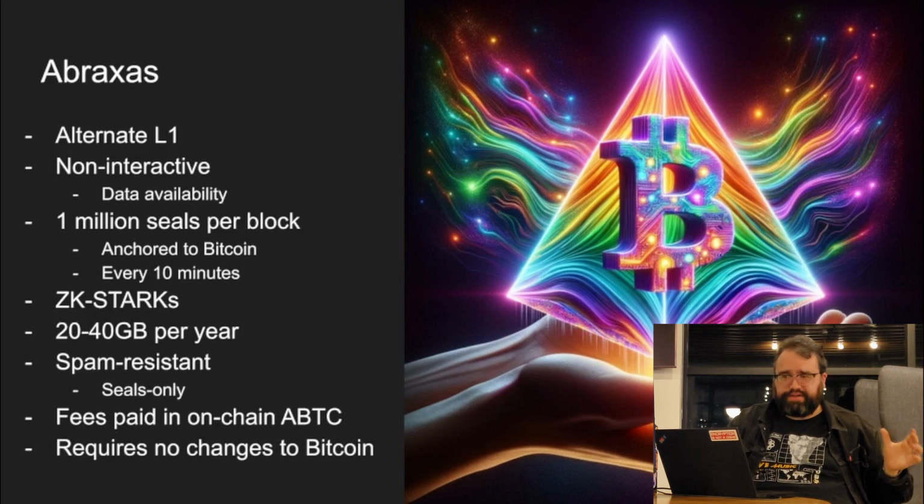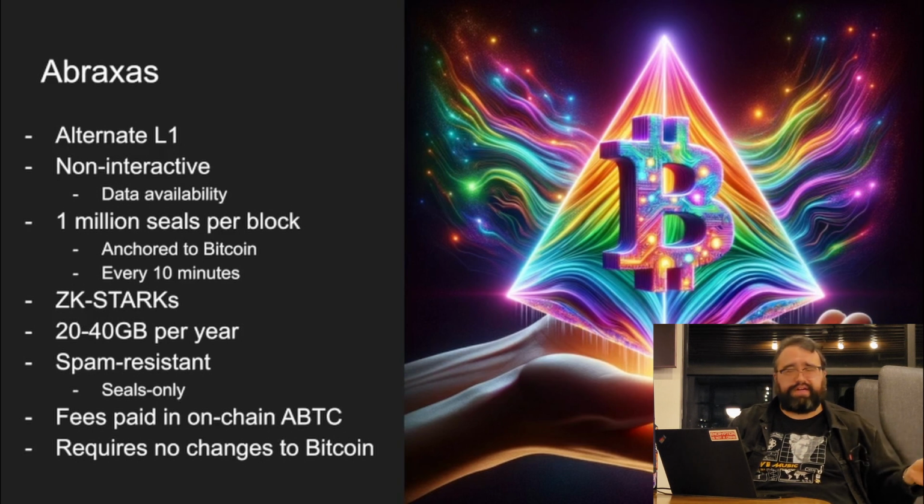And we use ZK Starks to turn the transactions into these highly optimized seals. It is not a lot of data per year, and since it's seals only, we like to think it's spam resistant. You're not going to be cramming a bunch of data into any witness here. There's not a lot of programmability here. It's really just to see if something's been spent or not.